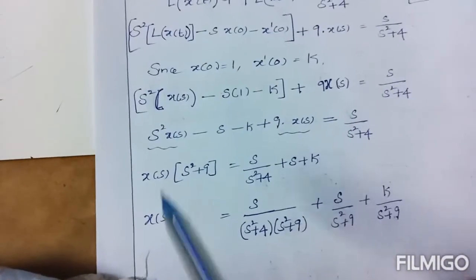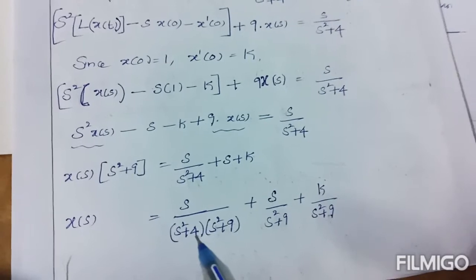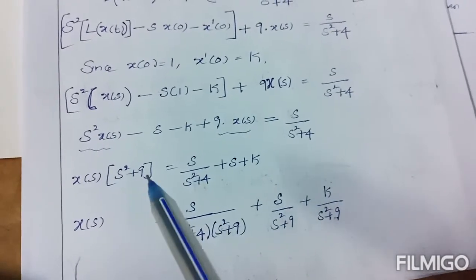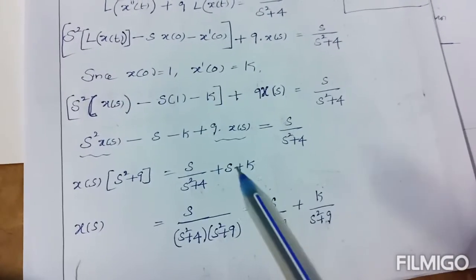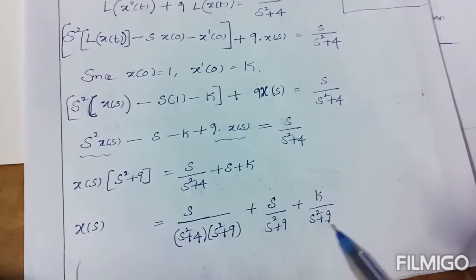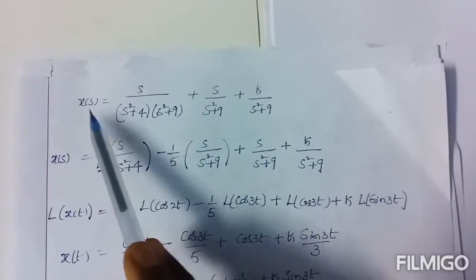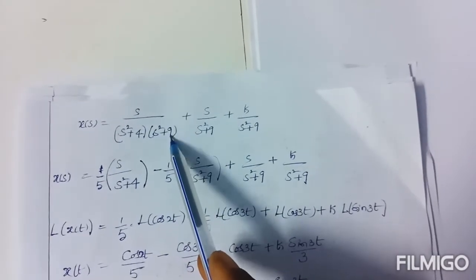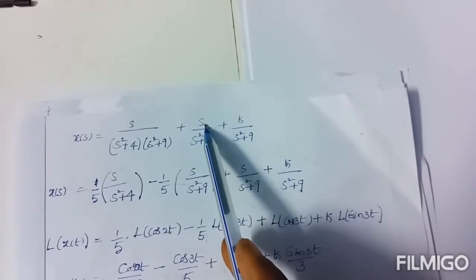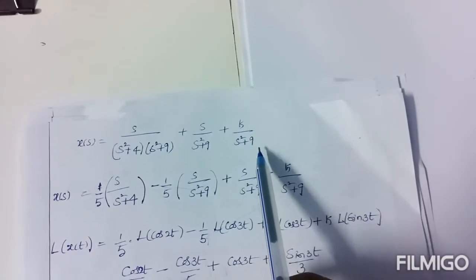After that, x of s only equals s by s square plus 4 into s square plus 9, plus s by s square plus 9, plus k by s square plus 9.